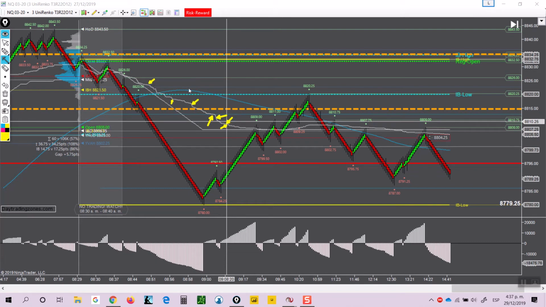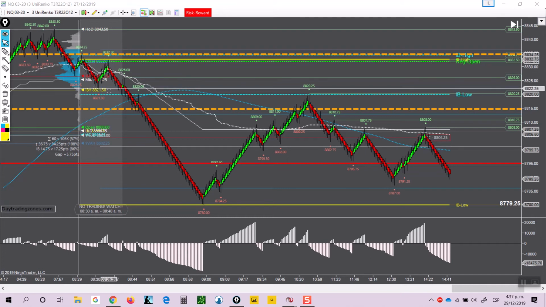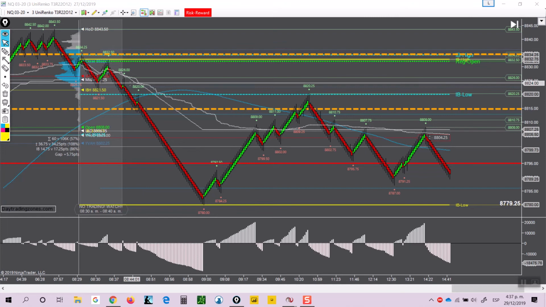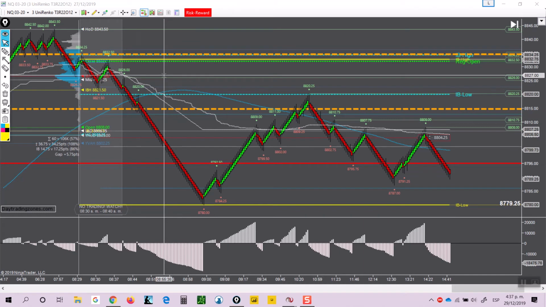Okay, so that's going to help you out, letting you know if the price is below or above the VWAP. And after the first 10 minutes, you will see if prices are meddling around that VWAP or they are being established below or above.